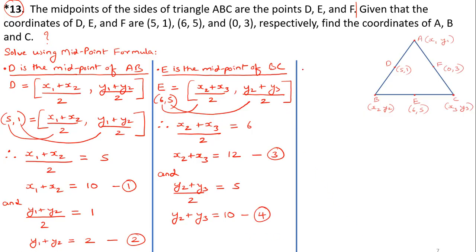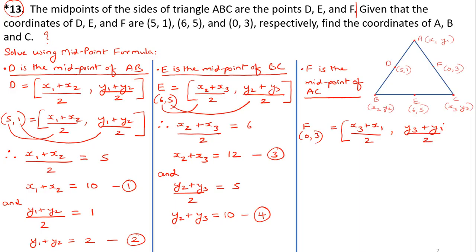Now similarly we will say F is the midpoint of AC. The coordinate of F is 0, 3, which is equal to x3 plus x1 upon 2 and y3 plus y1 upon 2.